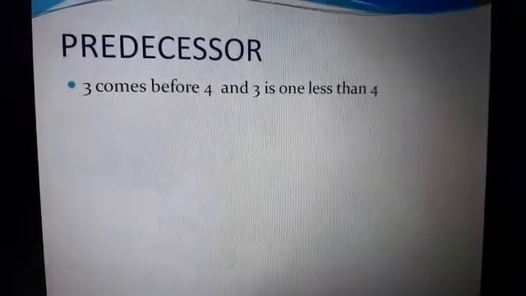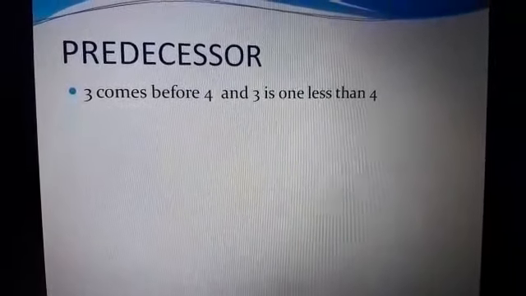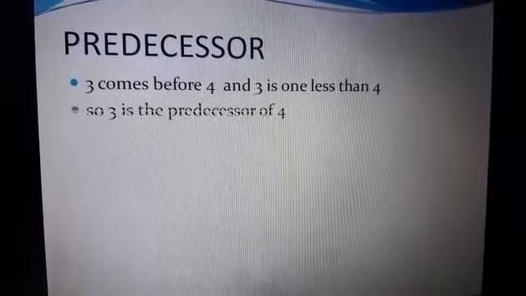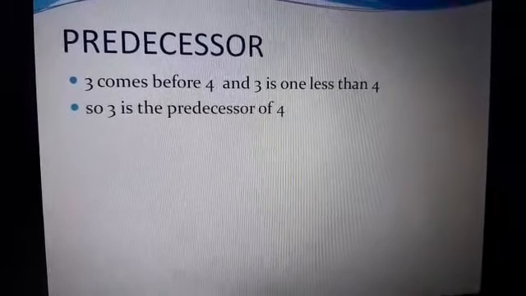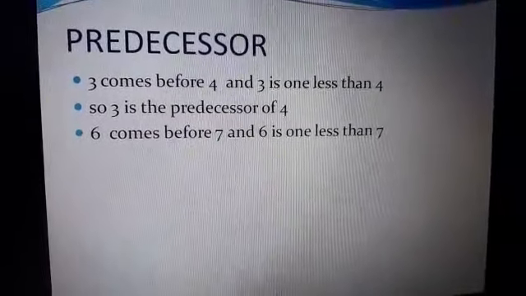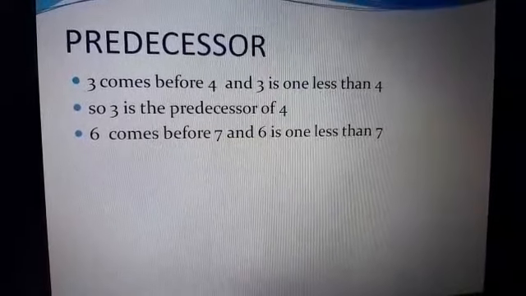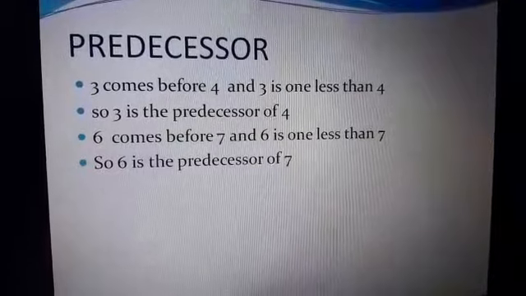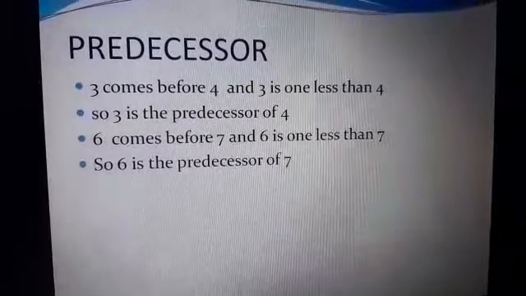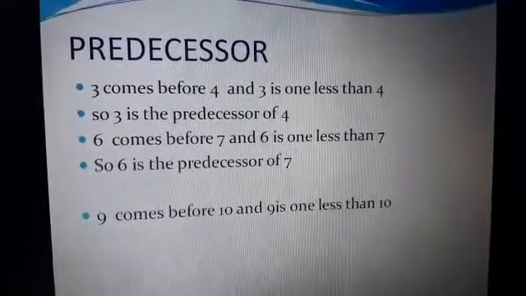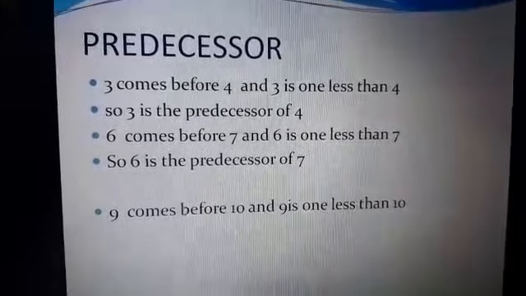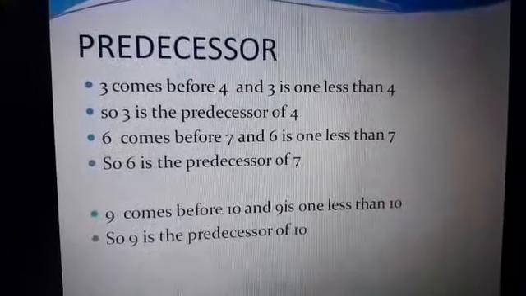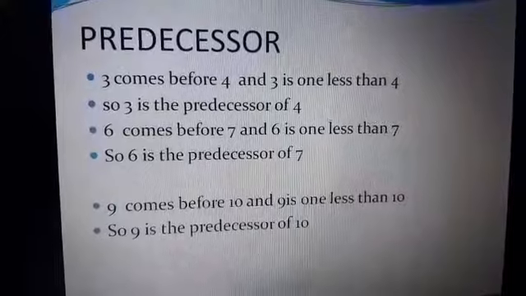So, 3 comes before 4 and 3 is 1 less than 4. So, 3 is a predecessor of 4. 6 comes before 7 and 6 is 1 less than 7. So, we can say 6 is a predecessor of 7. 9 comes before 10 and 9 is 1 less than 10. So, can we say 9 is a predecessor of 10?